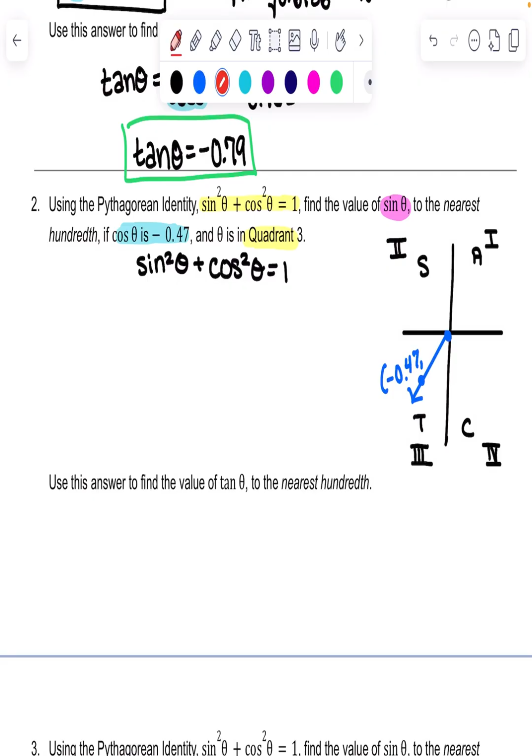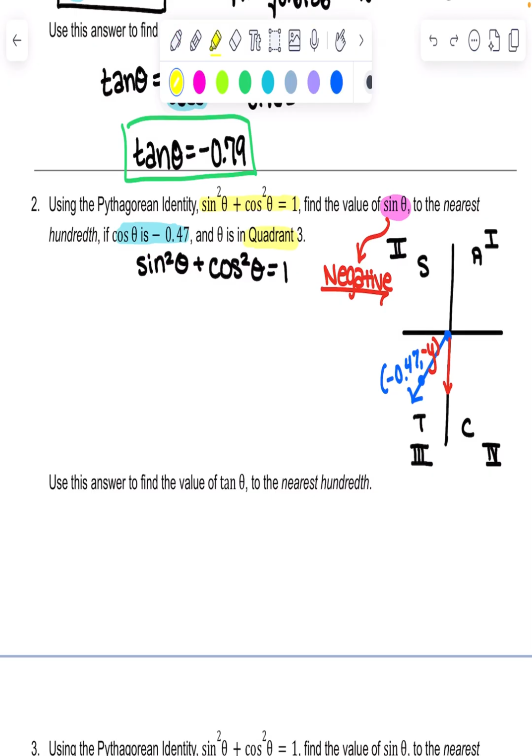We're going down to get that y value. So it's going to be negative. So it's going to be a negative y. So sine must be negative. Pretty interesting, right?